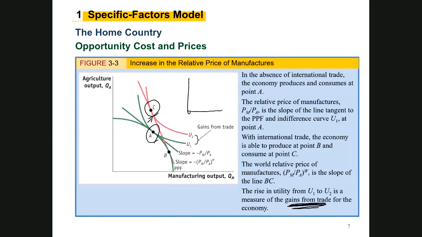Your utility still increases due to free trade. So remember, compared with the Ricardian model, there's no perfect specialization, but the gains from trade still hold.